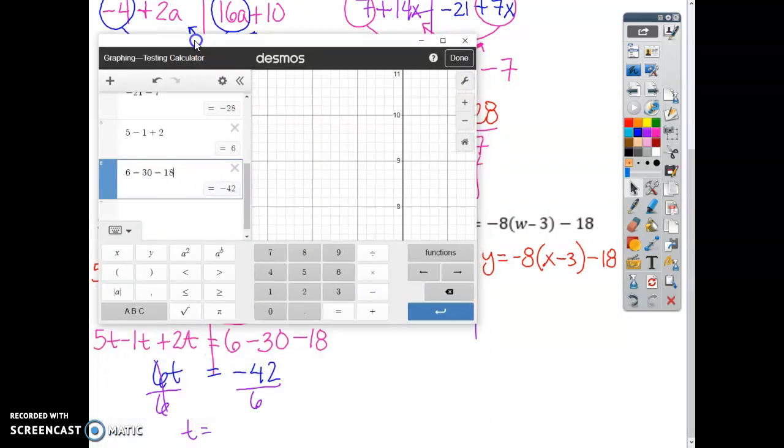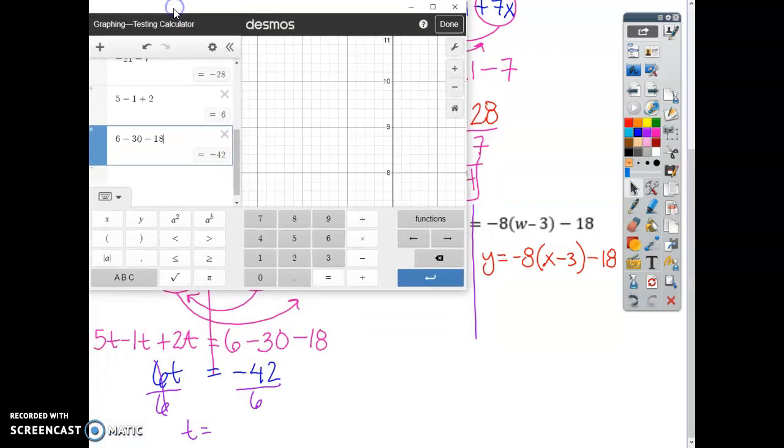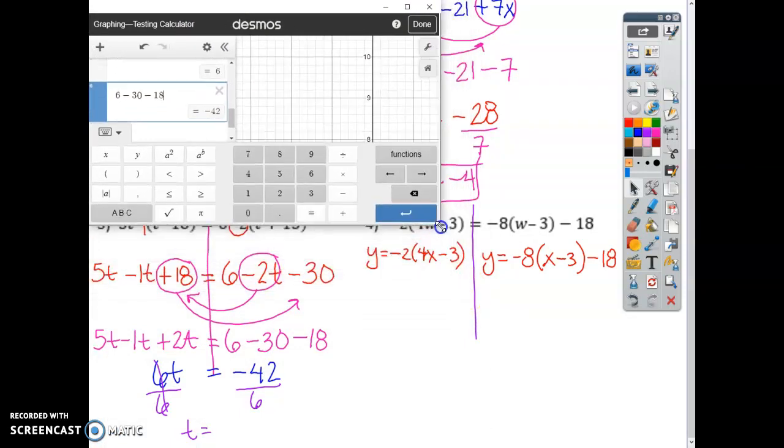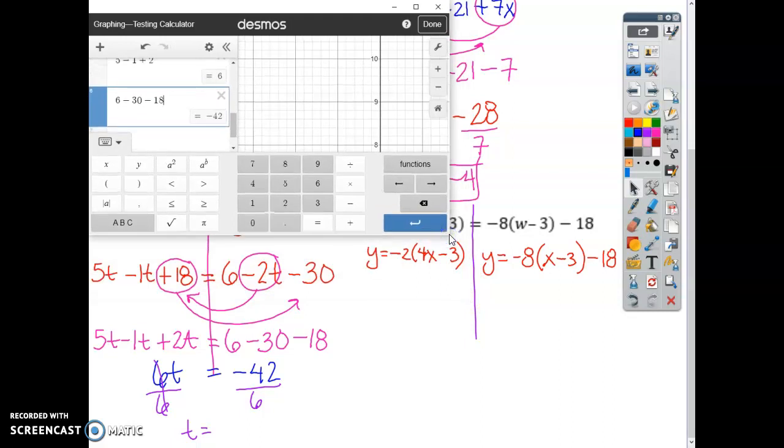So let's type it in here. Y equals negative 2 parentheses 4x minus 3, close parentheses.